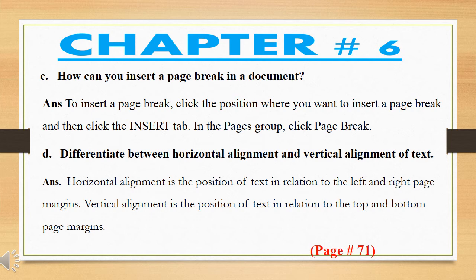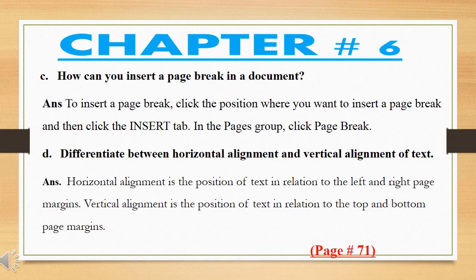Question number D. Differentiate between horizontal alignment and vertical alignment of text. Horizontal alignment is the position of text in relation to the left and right page margins. And vertical alignment, what is vertical alignment?